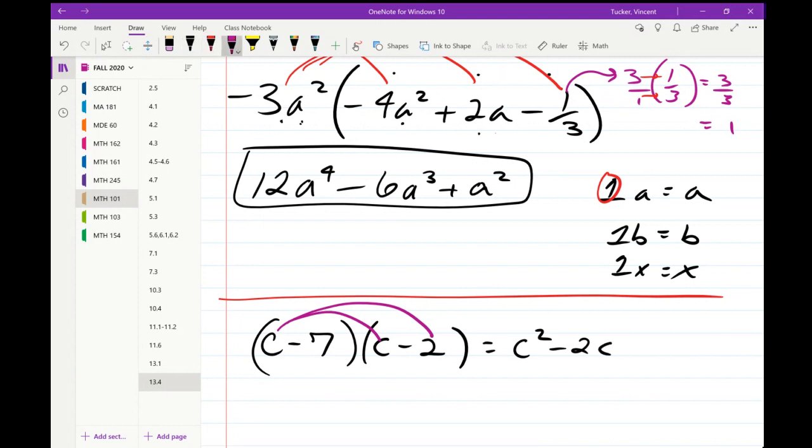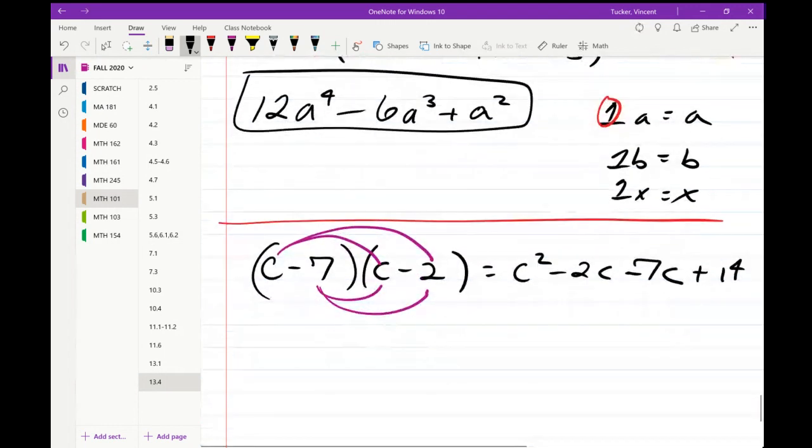Same thing here, negative 7 needs to be multiplied to each one of those terms. So that's negative 7c. Negative 7 times negative 2 is a positive 14. So that's c squared minus 9c plus 14.